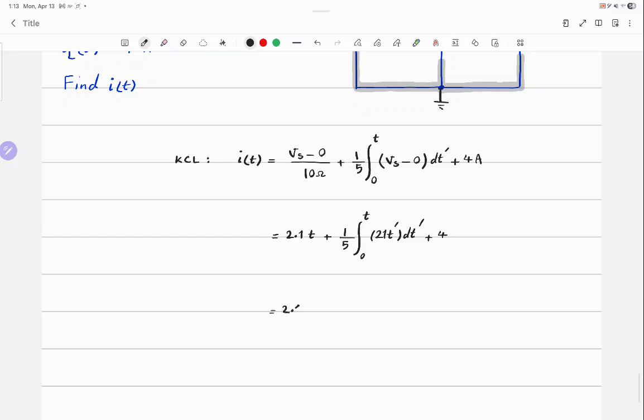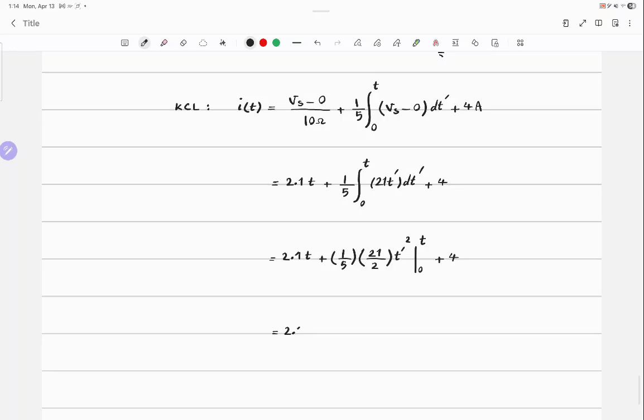It's equal to 2.1 t plus 1 over 5 times 21 over 2 t prime squared from 0 to t plus 4, and it's equal to 2.1 t plus 21 over 10 t squared plus 4.